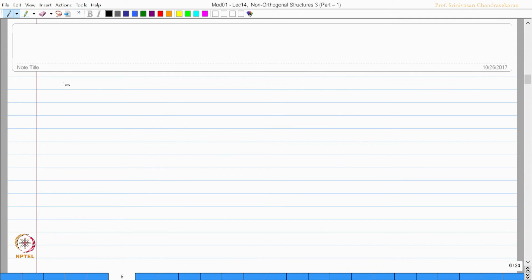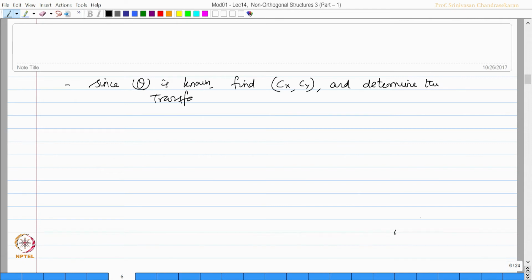The next step could be, since theta is known, find Cx and Cy and determine the transformation matrix T for each member.